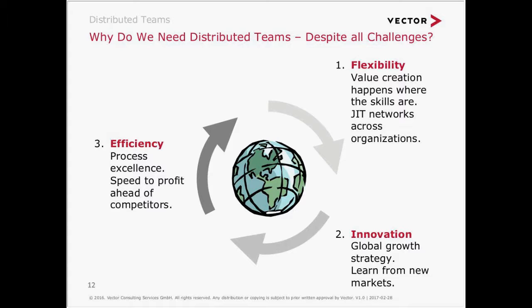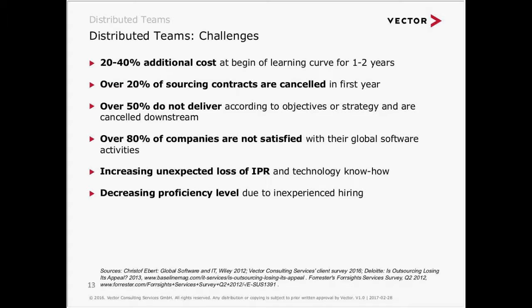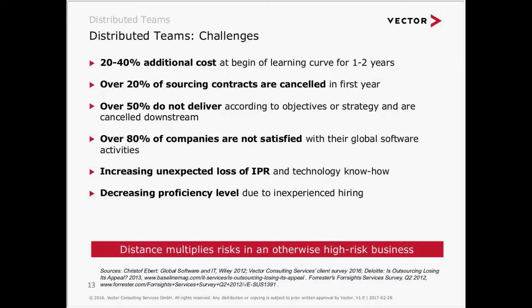Vice versa, it's also clear that there's a dark side. If you don't manage these 3 dimensions, then what we often see is that the challenges dominate, and in such a situation, the circle suddenly is not anymore self-sustaining, but rather negative or vicious. And in such a vicious circle, what we realize is that cost can tremendously increase if you are not prepared for the global setup.